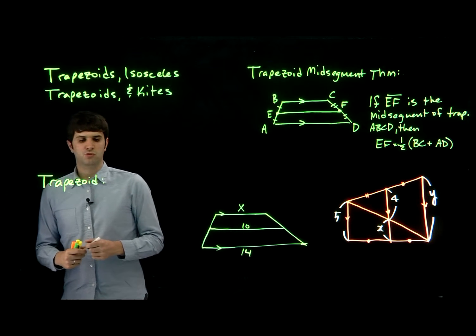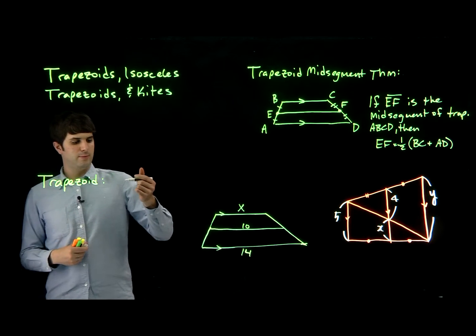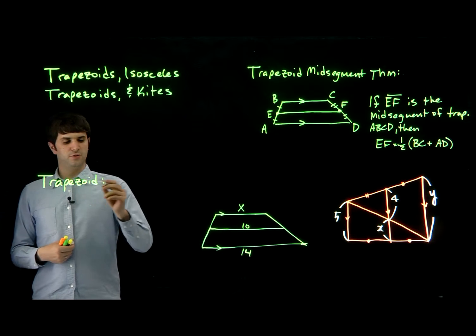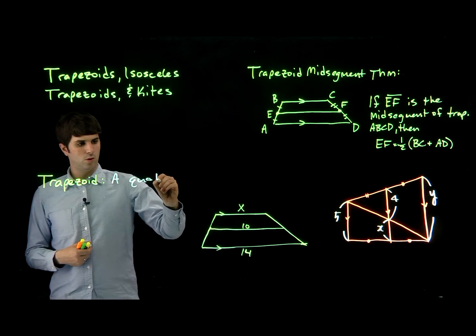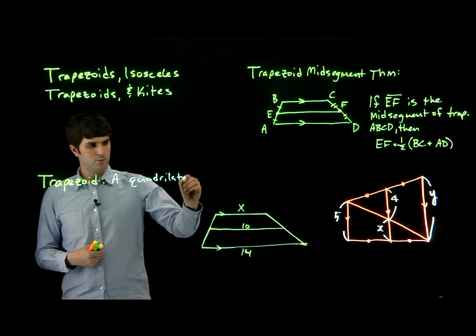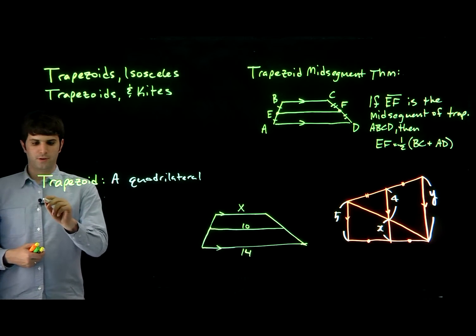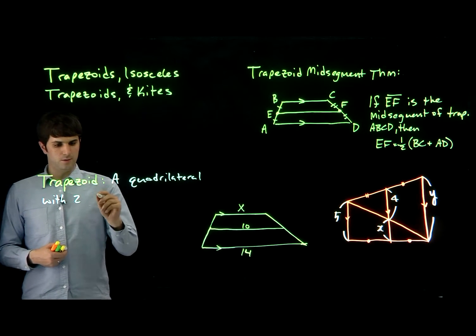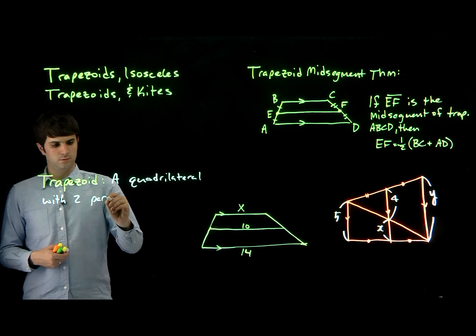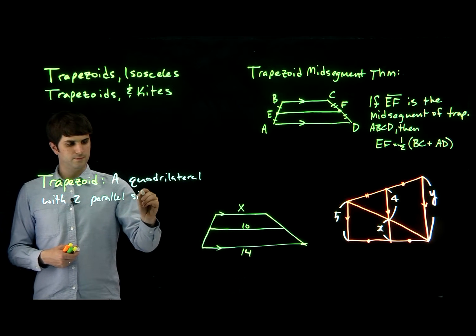Okay, the trapezoid is, maybe some of you guys have a decent idea about this, but a trapezoid is a quadrilateral with two parallel sides.